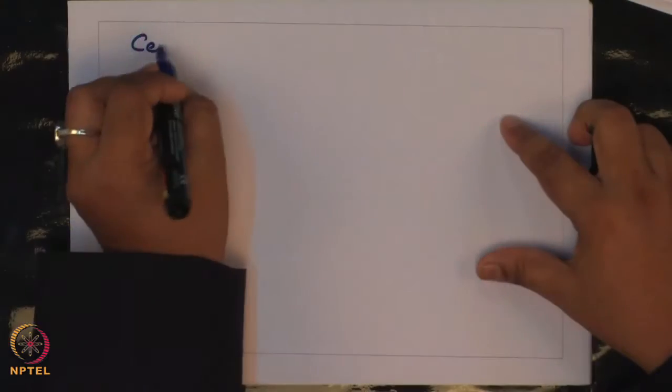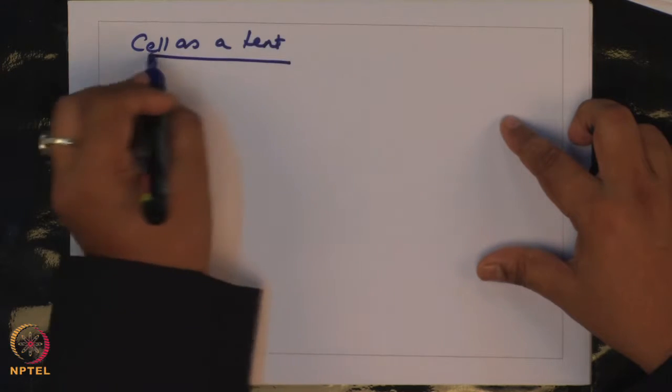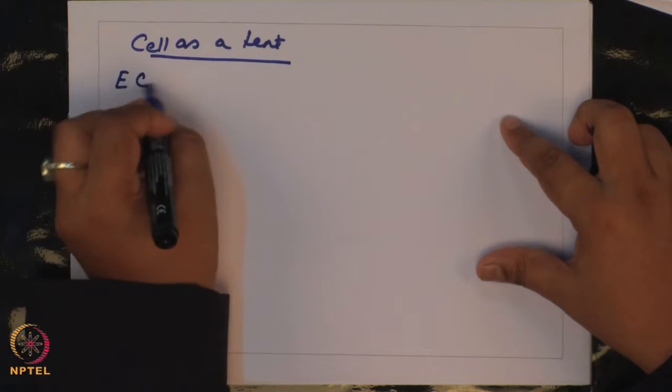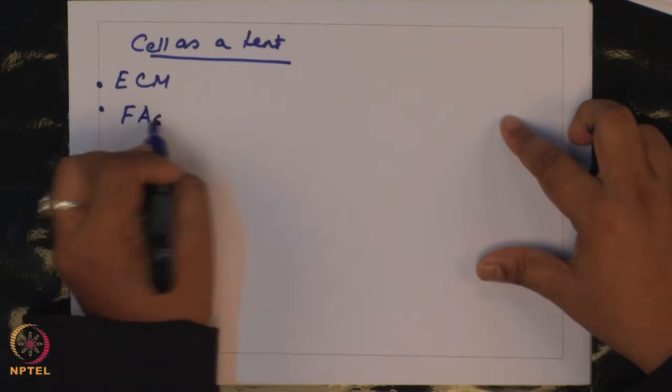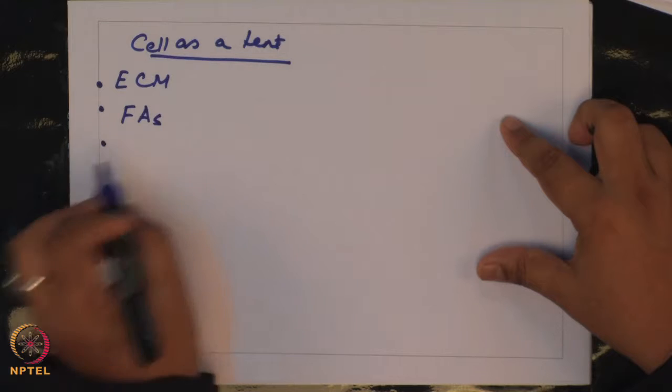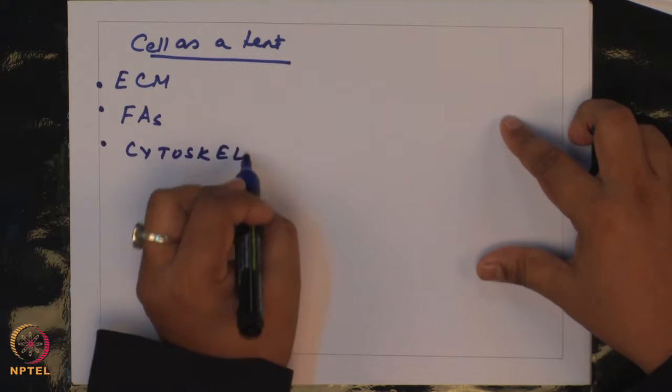Okay. So, coming back to our analogy of the cell as a tent, we have discussed the ECM, we have discussed focal adhesions. Now, we will come to the cytoskeleton.